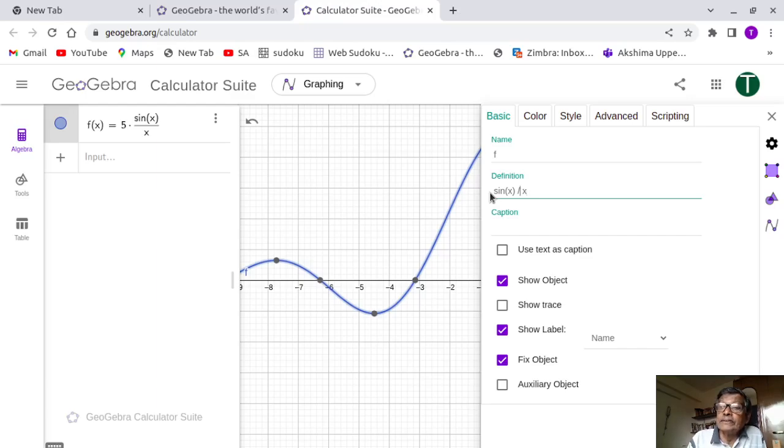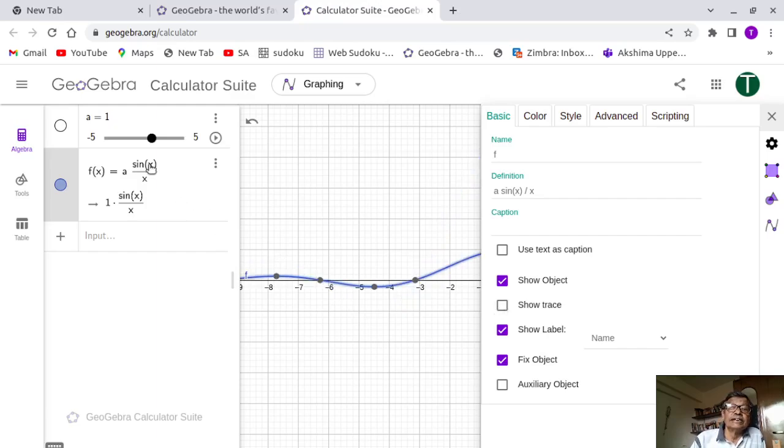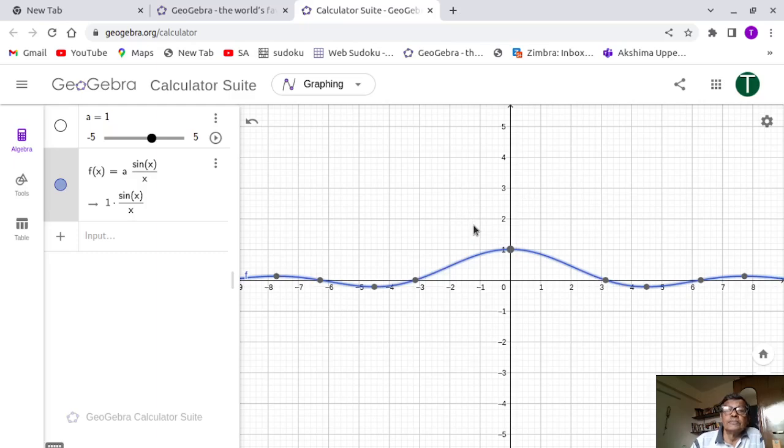You bring it down here in the formula, then write a and do like this. So it is asking for creating a slider, because we know the amplitude I would like to vary, so it has created a slider of this kind, and your curve is like this.